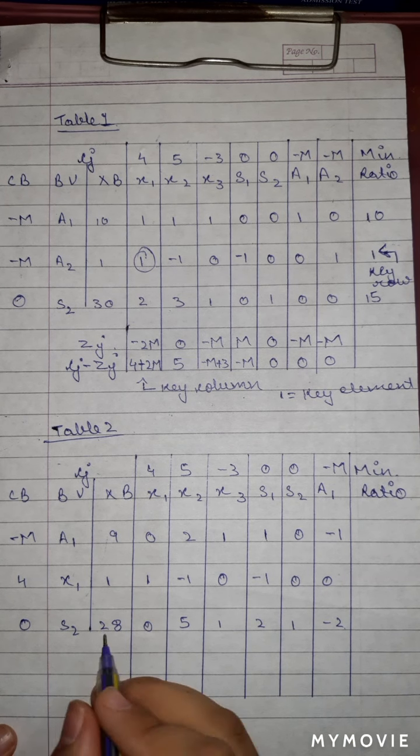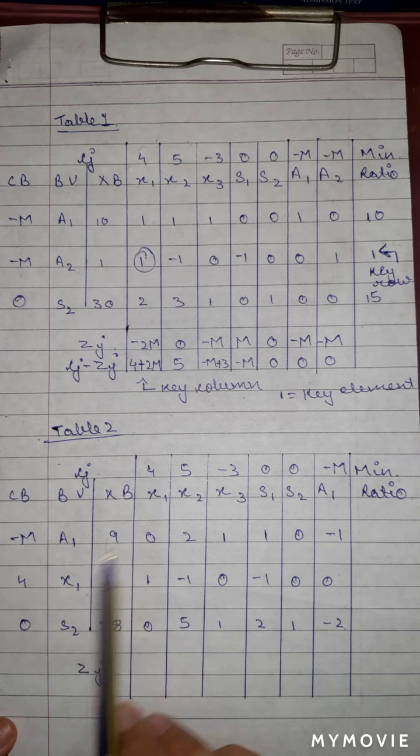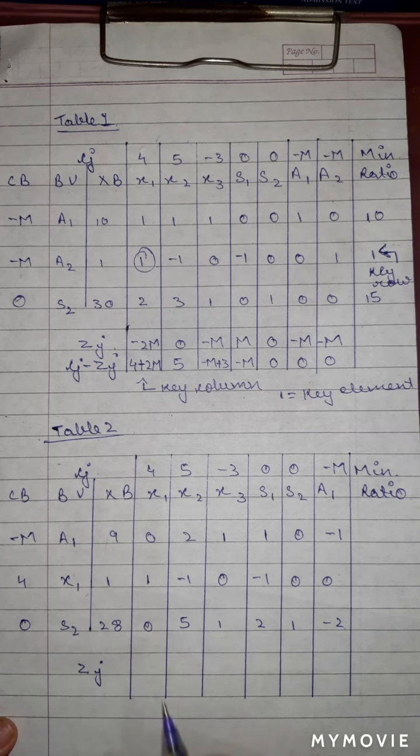Now again we will be calculating Zj, minus M into 0 for this.